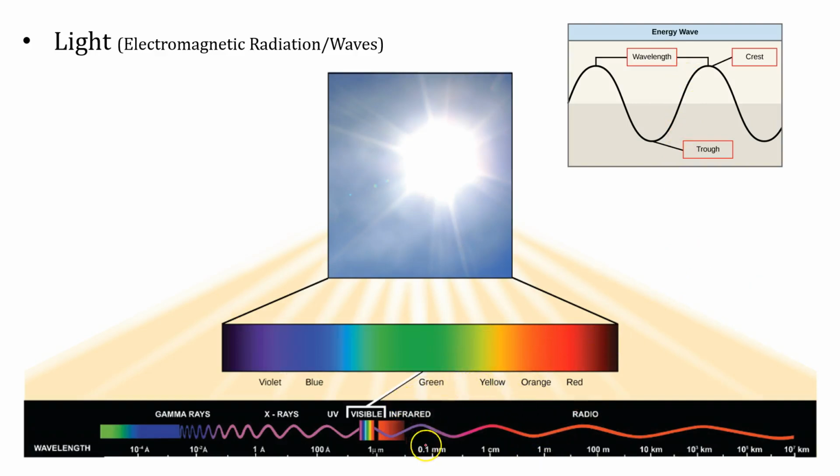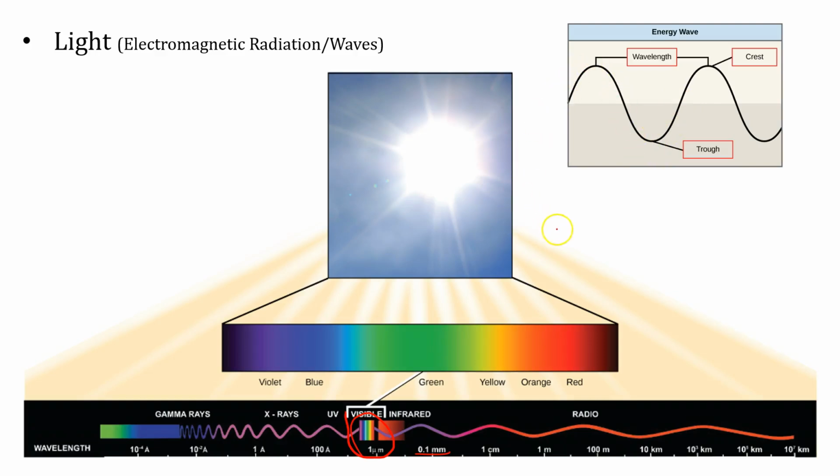Once you start getting less than a millimeter, on the scale of nanometers, there's a range that we call visible light. The difference between violet and blue and green and yellow and orange and red and all of the colors that you see out in the world is really just the wavelength between the crests of the movement of the photons.